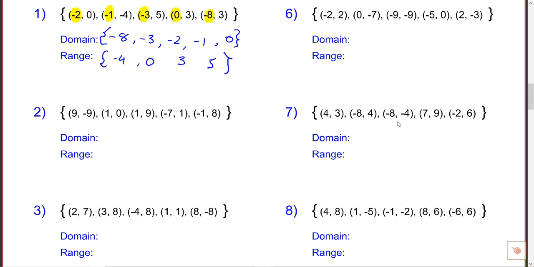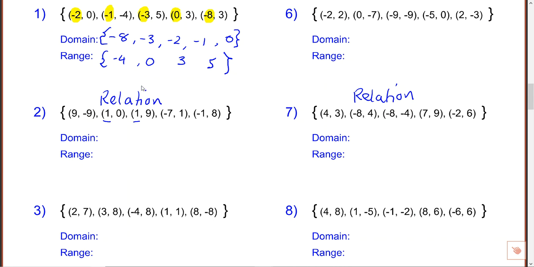So this one would just be a relation, but we can still state the domain and the range of the relation. Also 2, because there's a 1 x value, but they give two outputs. So there are two 1s with two different outputs. So this one is also a relation.